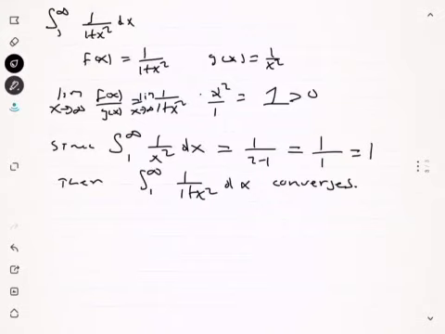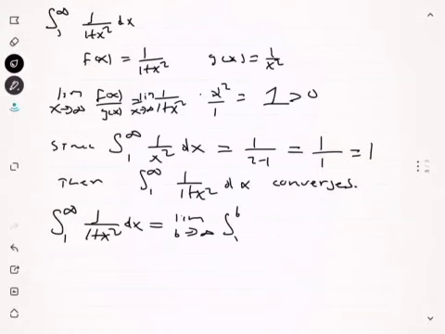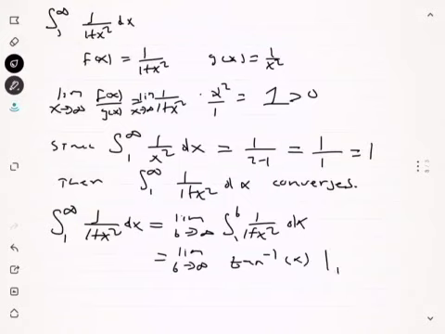However, for this particular example, the integral from 1 to infinity of 1 over 1 plus x squared doesn't really need any comparison test. You can just evaluate the integral. This is the limit as b approaches infinity of the integral from 1 to b of 1 over 1 plus x squared, and this equals the limit as b approaches infinity of tangent inverse of x as x goes from 1 to b.